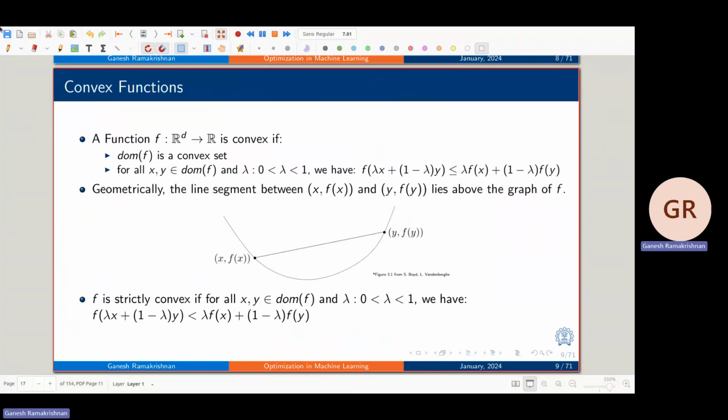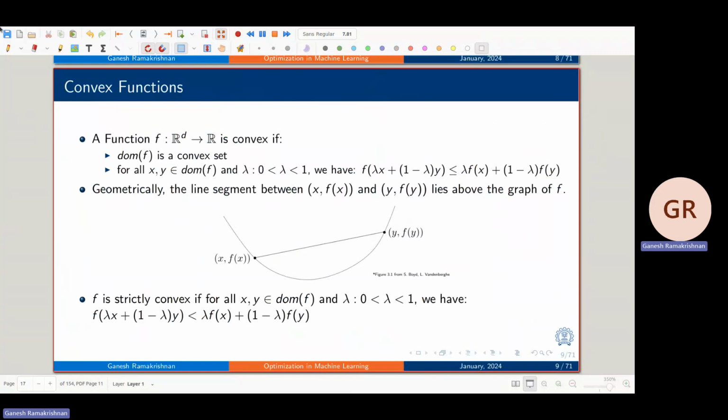Okay. Now the slight variant on the board is that the gap is strictly greater than 0. So if this gap is strictly greater than 0, then we have strict convexity.